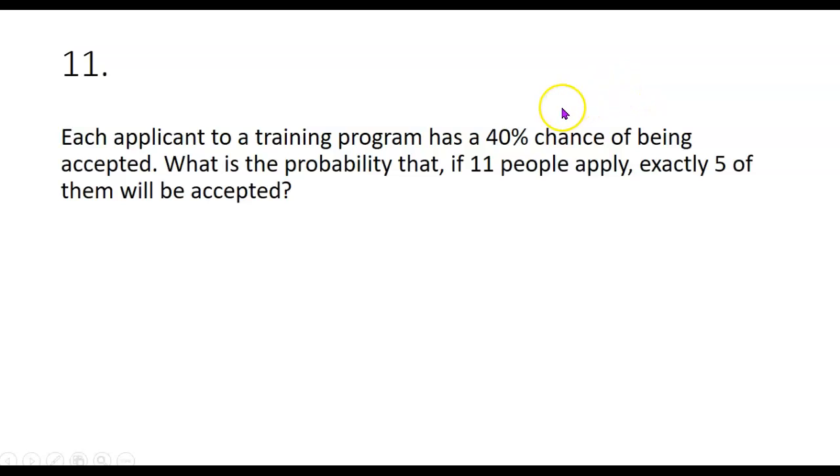And then the p is the probability of it happening each time. So here, that would be 40%, or 0.40, or just 0.4.